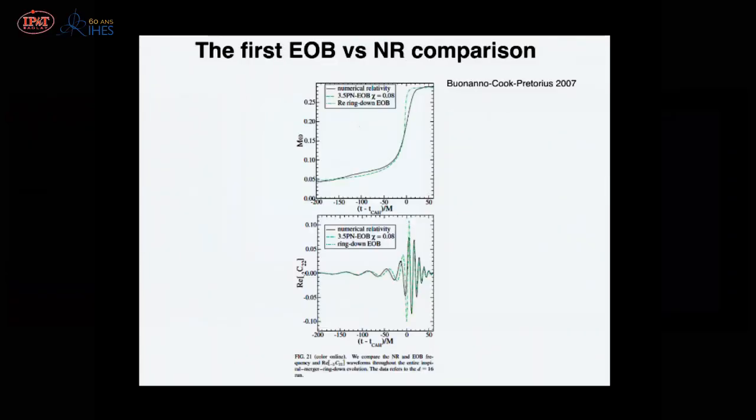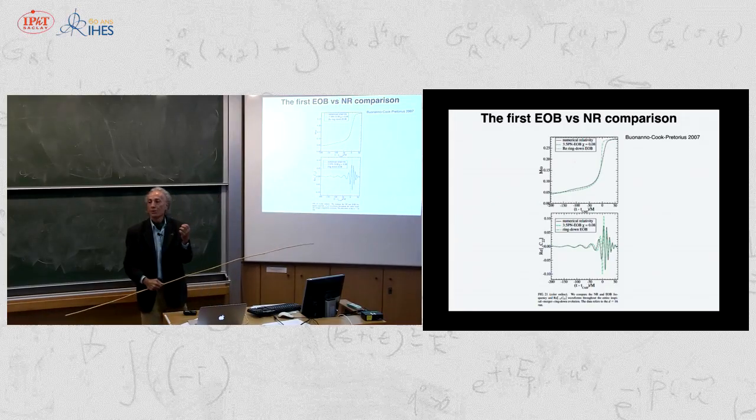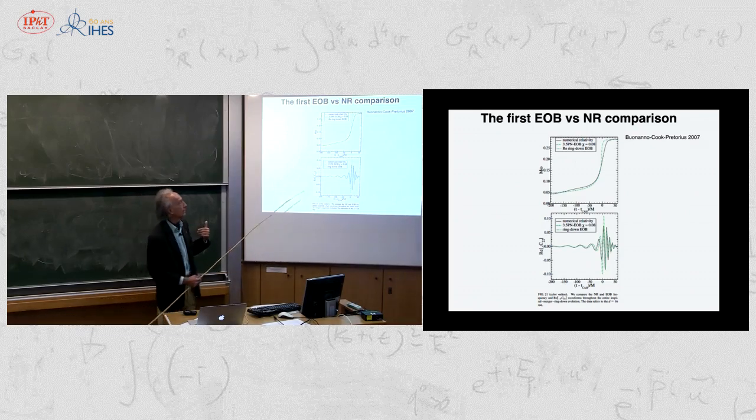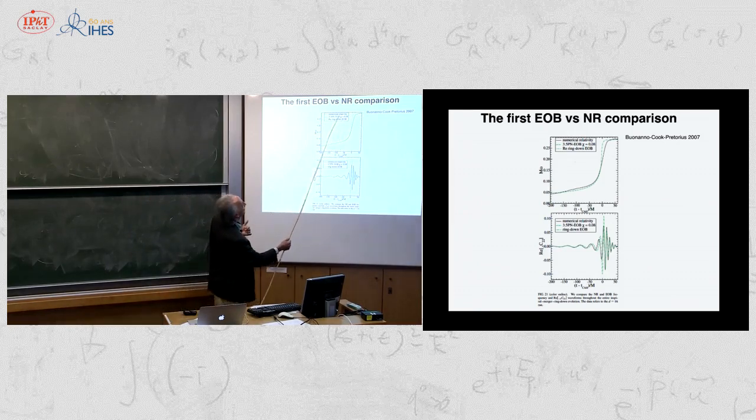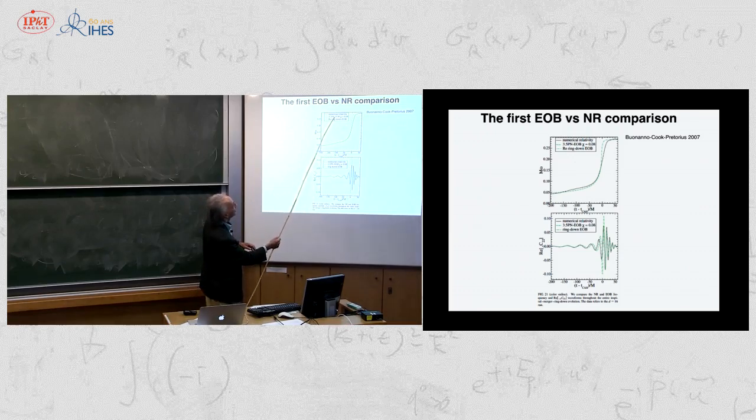Soon after, one could compare the numerical signal of the emission of gravitational waves by two black holes to the analytical effective one-body one. This is the comparison of the evolution of the frequency of the gravitational waves just before merger, during merger, and after merger. The green curve is the 3.5 PN effective one-body, and the black curve is numerical relativity.